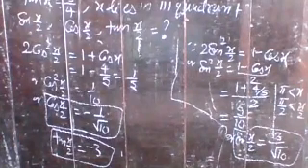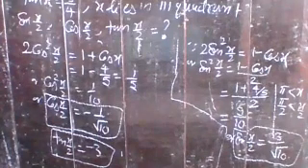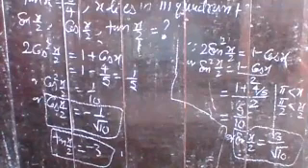Here it is given that x does not lie in the first quadrant, but the value of sine x is 1 by 4, which is positive.